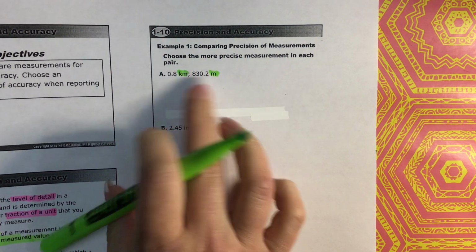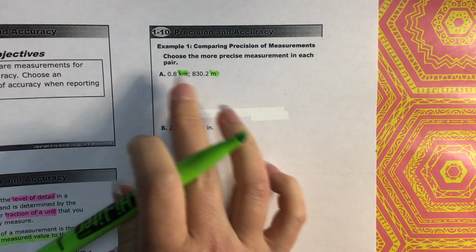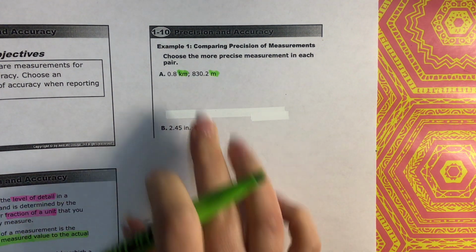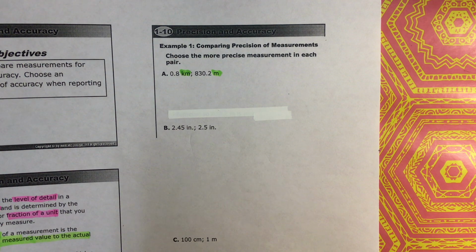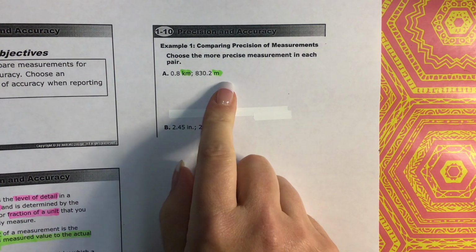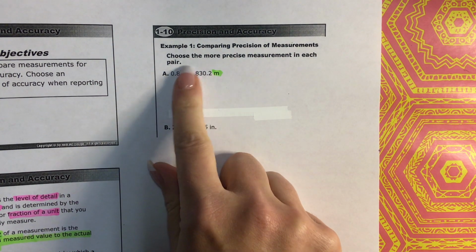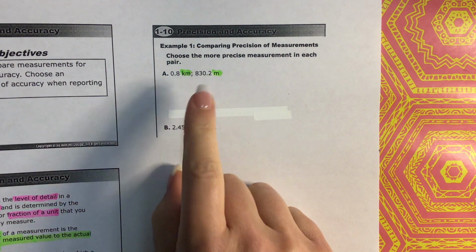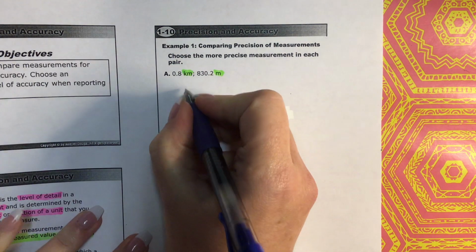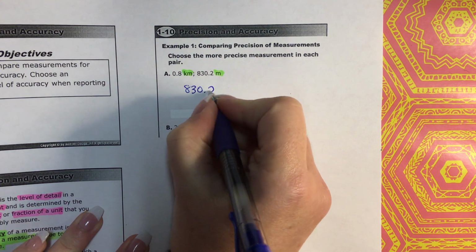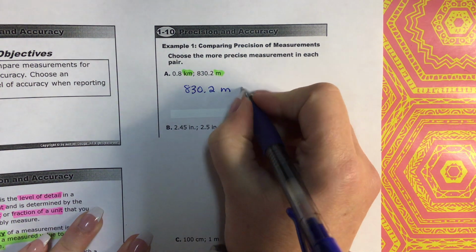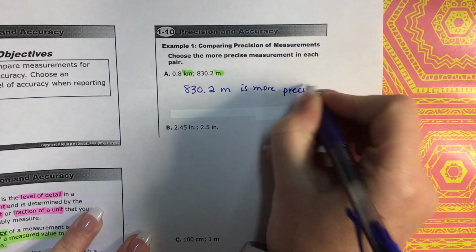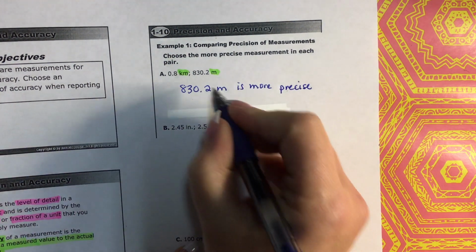Which is the smaller unit of measurement? You would get a more precise measurement if you measured with a meter stick. So that means 830.2 meters is more precise. All right?